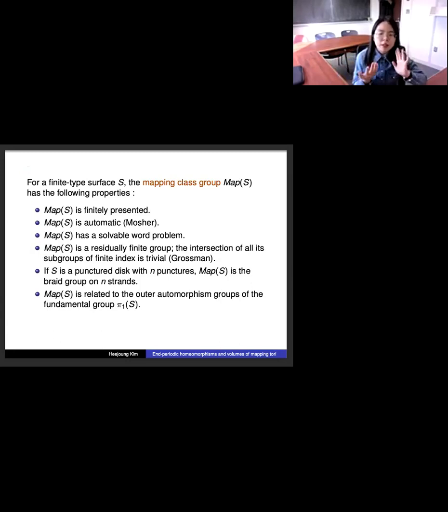And the mapping class group is automatic, meaning it is equipped with several finite state automata. For example, we can tell if a given word representation of a group element is in a canonical form. And we can also tell if two elements given in canonical words differ by a generator.